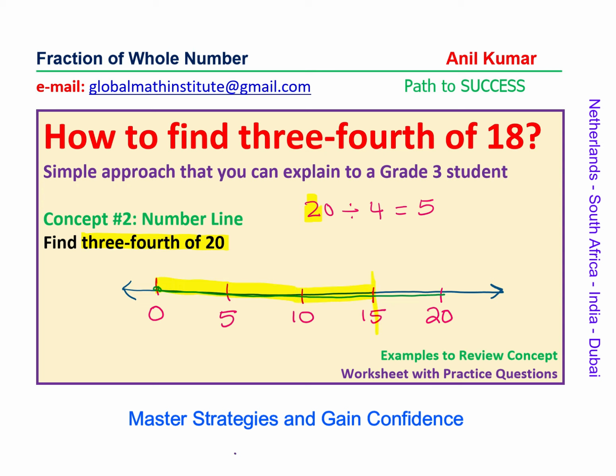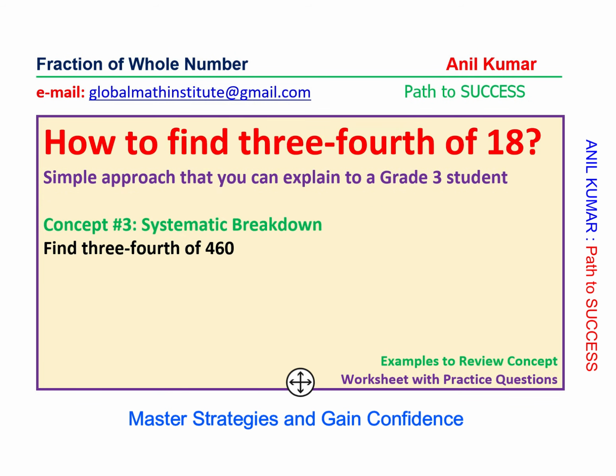So that gives us 3/4 of 20 as 15. Make sense? So that could be another approach which we could use, especially when we have some number which can be evenly divided by 4, right? So you can have a scale something like this. Makes sense, right? Anyway, let's move on to the third strategy.